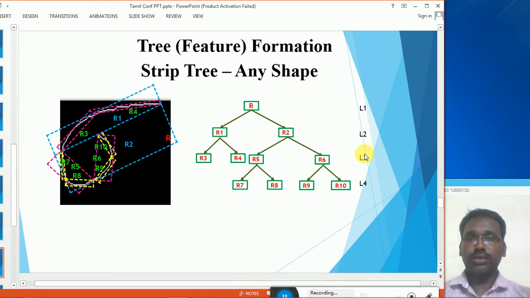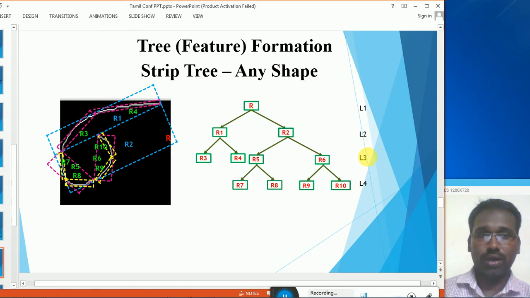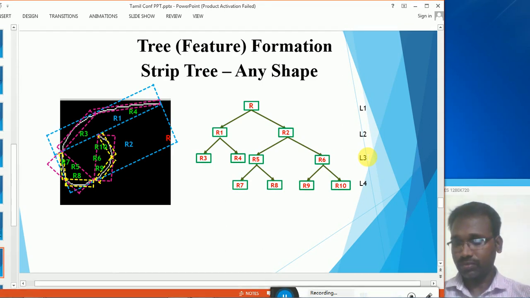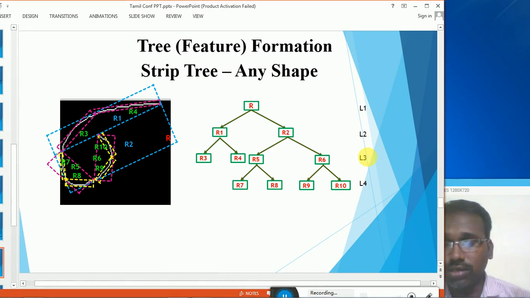The next structural form is a hierarchical tree formation, purely for identifying the shape. That is, the character part is taken out and put into a rectangle, which is a strip tree. You can apply the strip tree concept to any shape of character image.